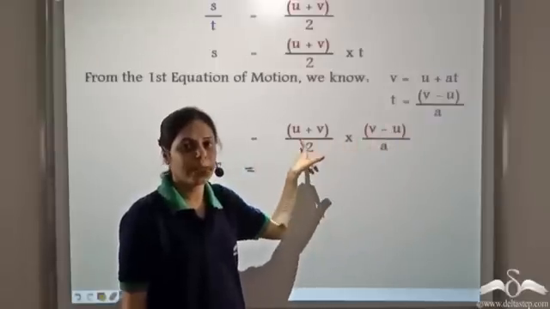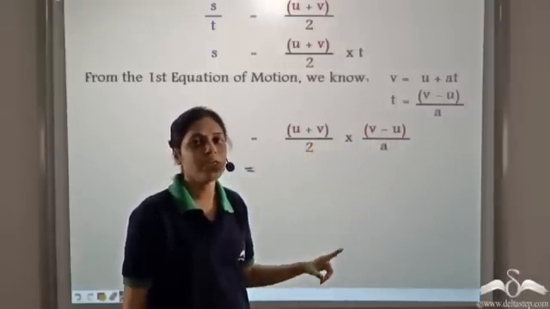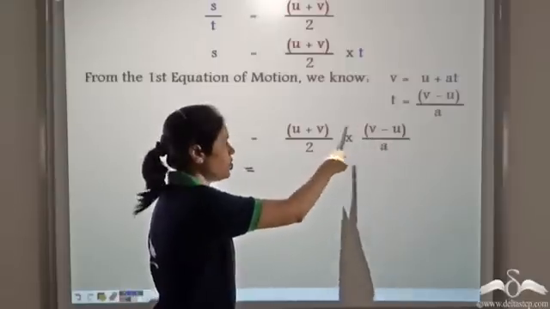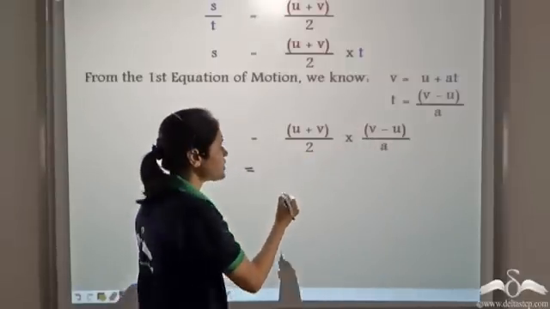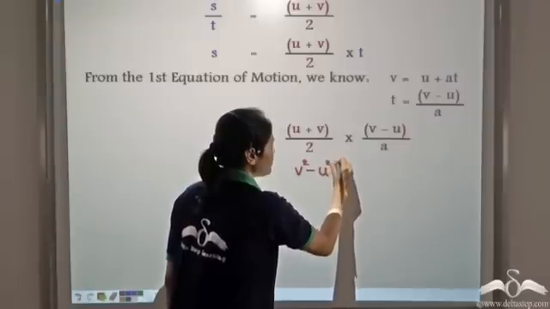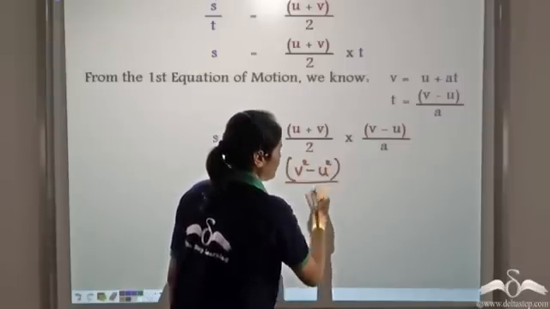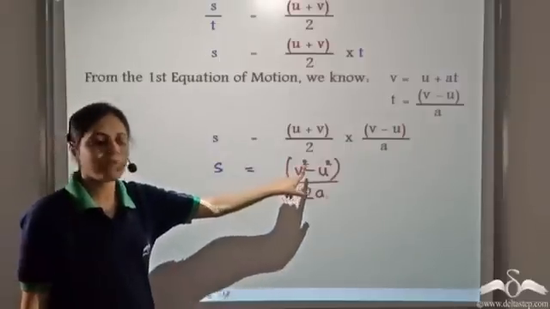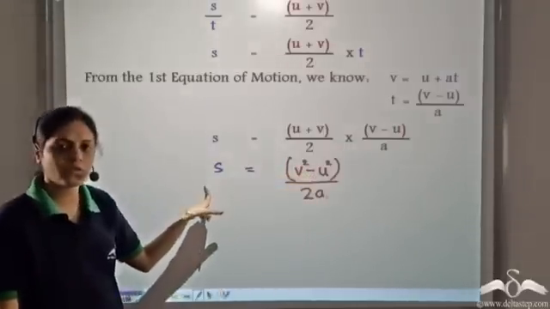We know that (a plus b) into (a minus b) gives us a square minus b square. So, (v minus u) into (v plus u) should give us v square minus u square, by 2a. So, (v square minus u square) by 2a is equal to s.